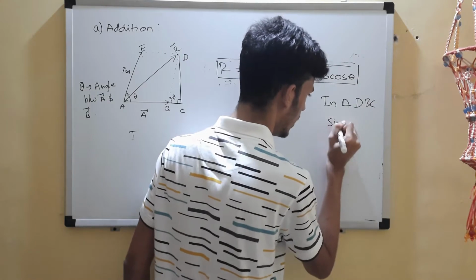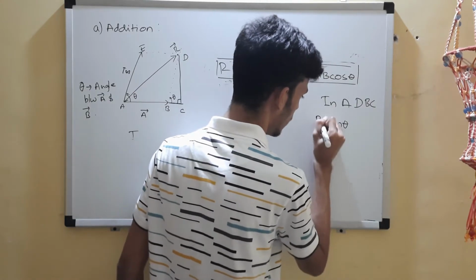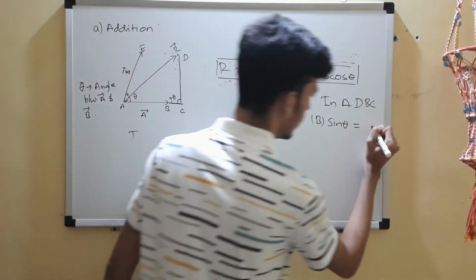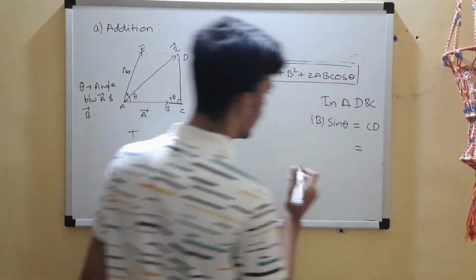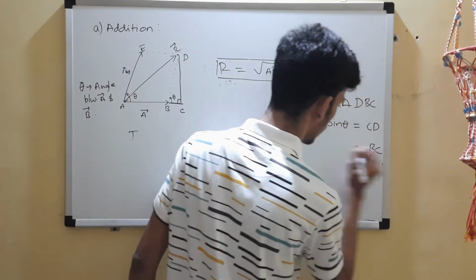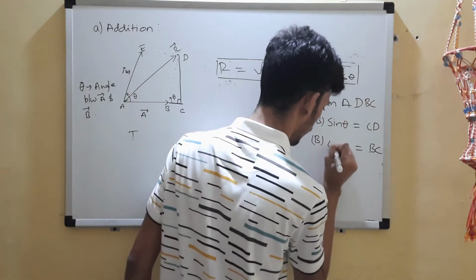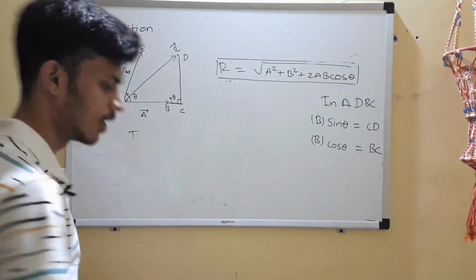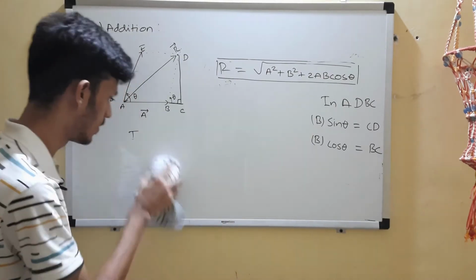We found that B sin theta will be CD, and BC will be B cos theta. These were the two things which I'll need for the next proof as well.